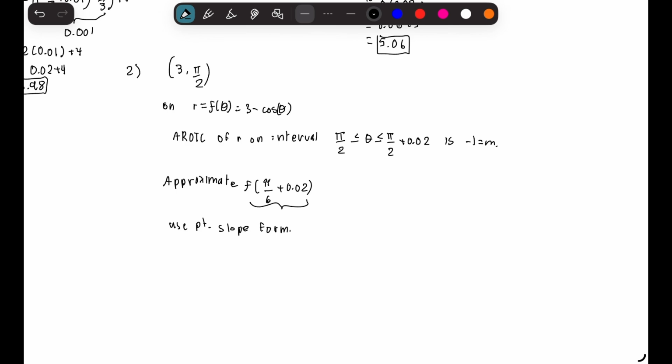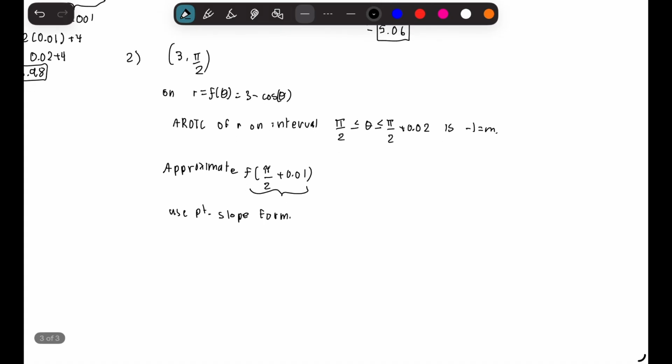This is going to equal to -1, and we have pi over 2, 0.01. We want to approximate this.